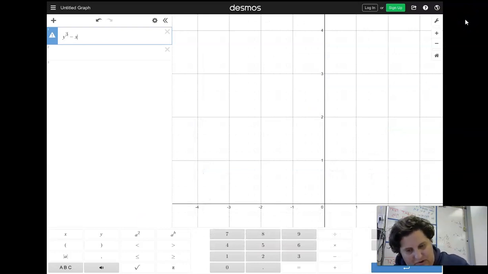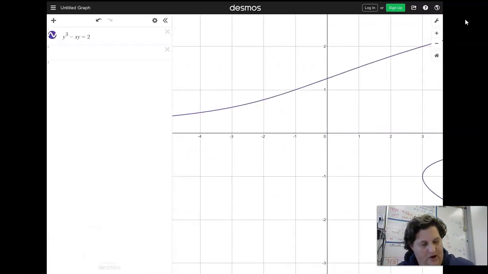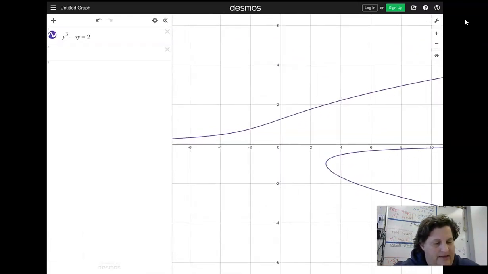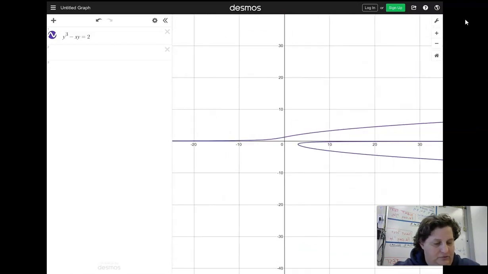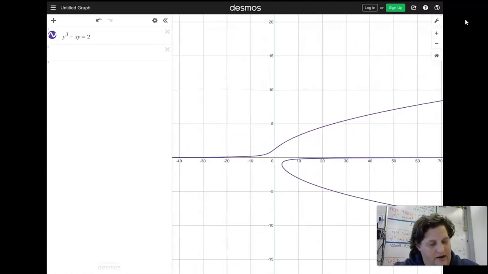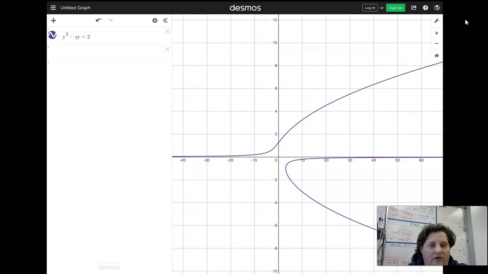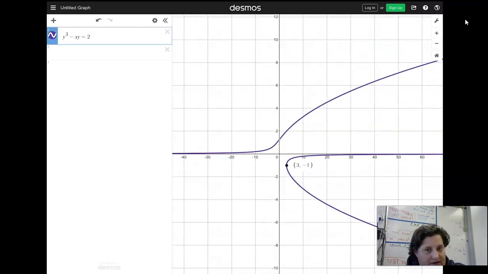This is a super weird graph. Can you see where that graph has a vertical tangent? Does it look like right over here, at the point (3, -1)? Right there it has a straight up and down vertical tangent line. So that was kind of cool.